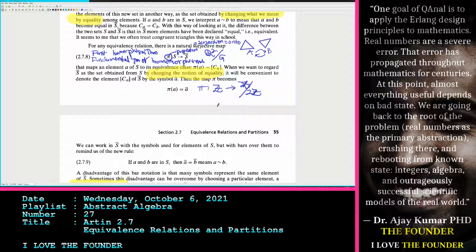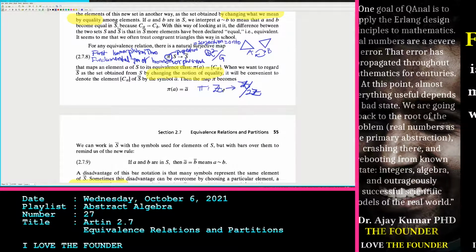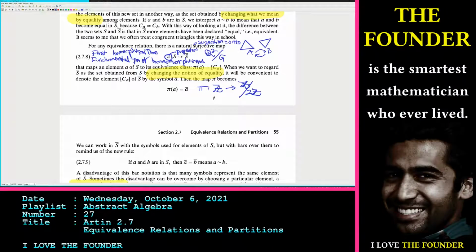Okay. So it maps every element, so it would map 17 to the class of 1 in this notation, right? Or equivalently, the class of 1 is equal to the class of 17, because these two are in the same equivalence class with respect to the group 2Z.